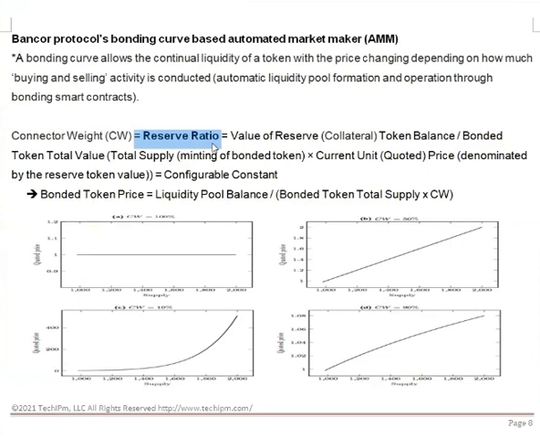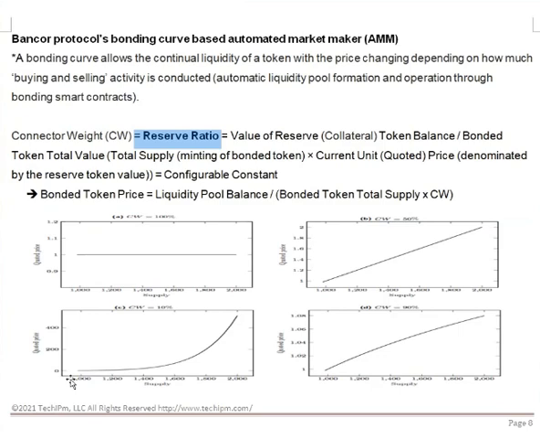For example, you provide your token like DAI or USD, whatever you put in the liquidity pool, and the price is determined by this bonding curve, and at that price you can mint new tokens. These are bonding tokens.